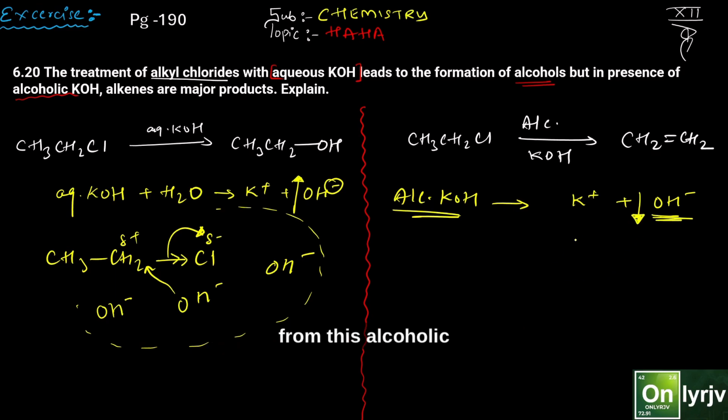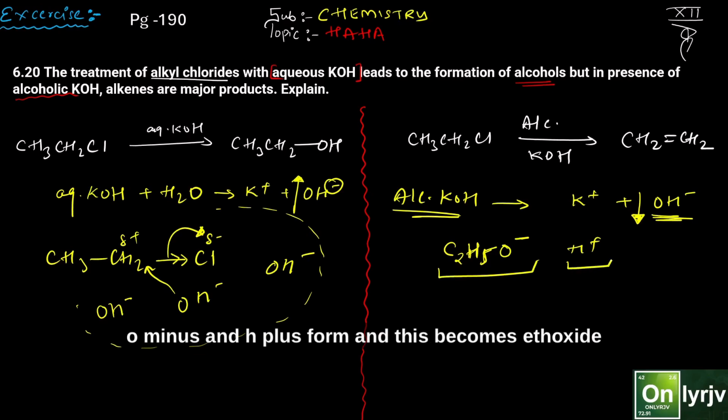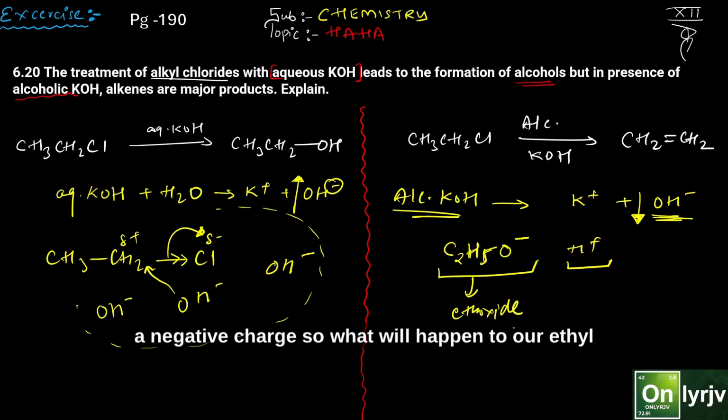Apart from this, alcoholic KOH also sometimes breaks into C2H5O- and H+ form, and this C2H5O- is known as the ethoxide ion, and it is a very good negative charge.